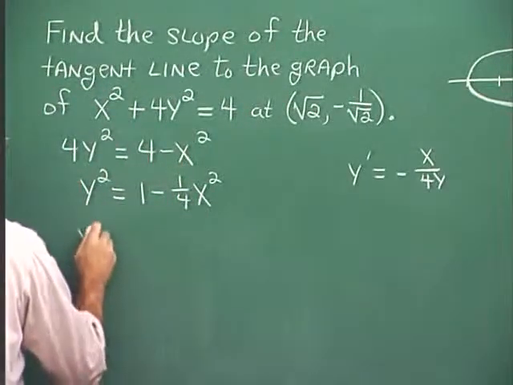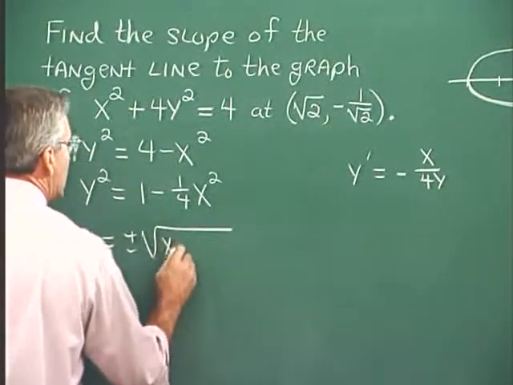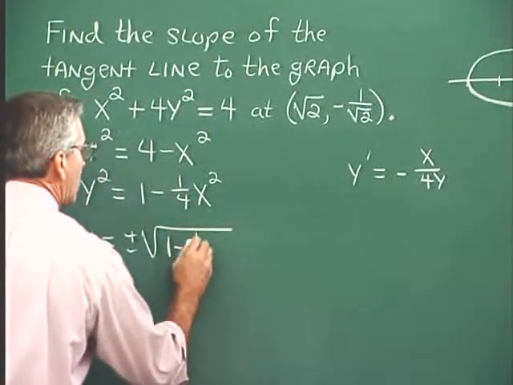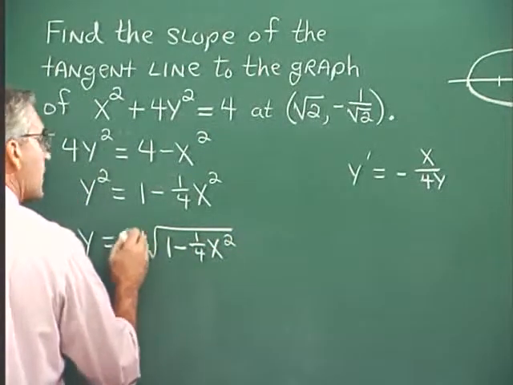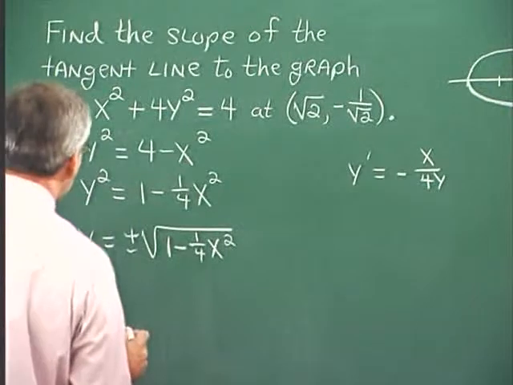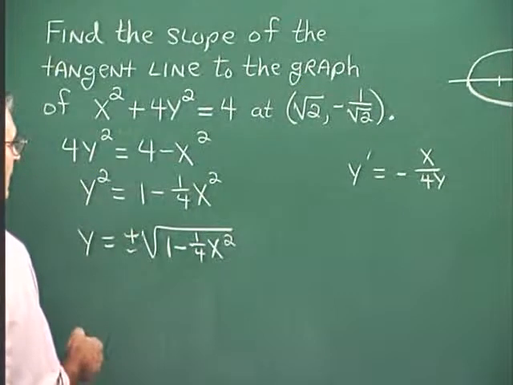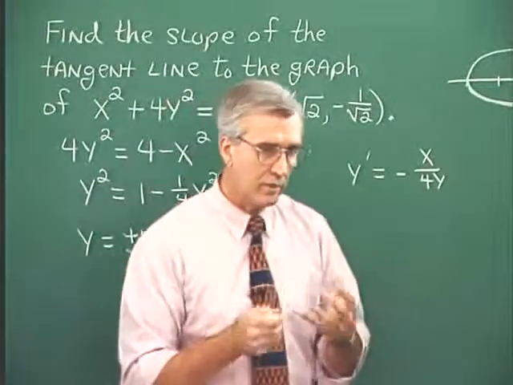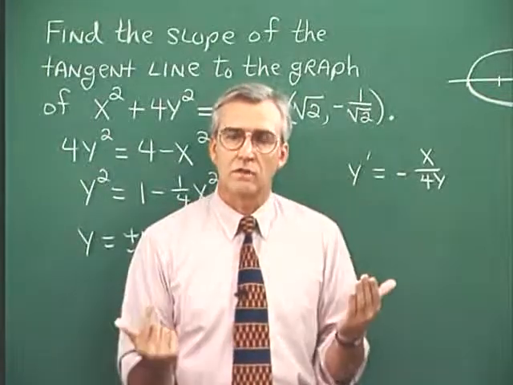And from here, y is plus or minus the square root of 1 minus 1/4 x squared. Now this really represents two equations, or two functions. One of the functions is y equals plus this and y equals minus this. You see, those are the two functions. And if I were defining this situation in terms of two differentiable functions, I would write each of those functions separately.